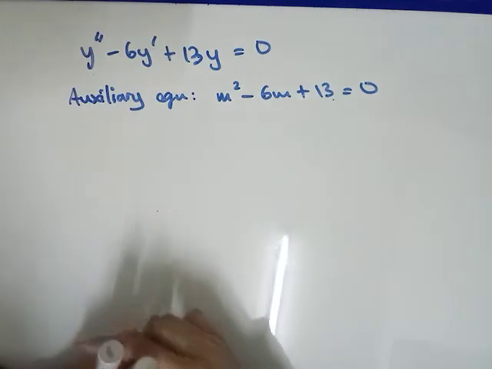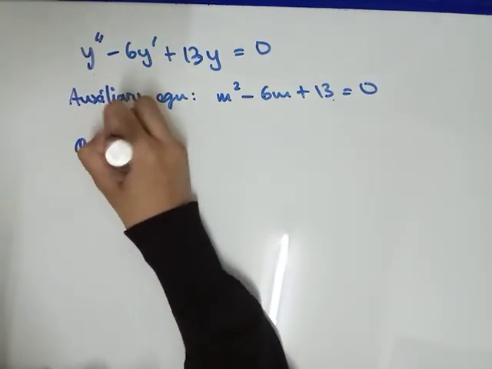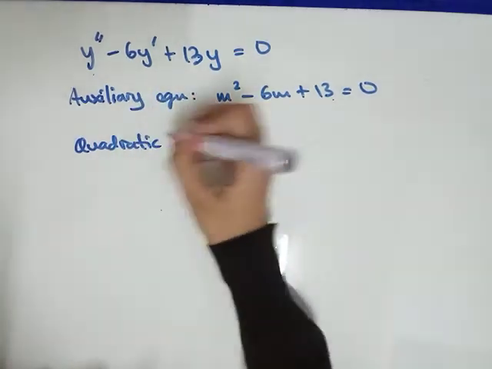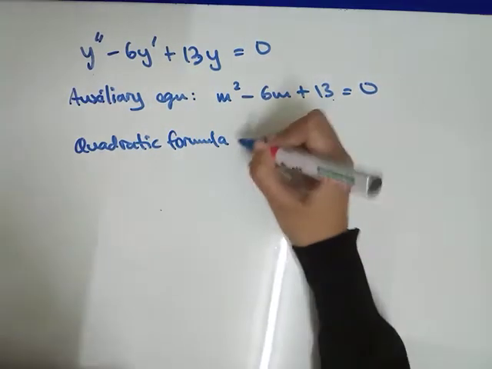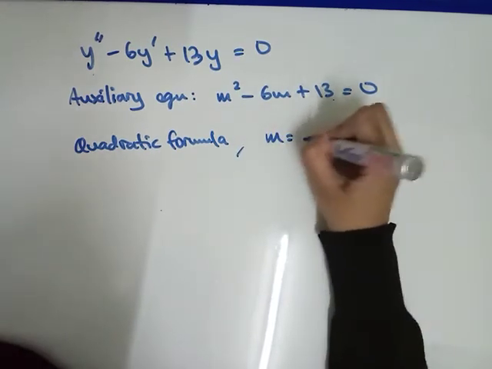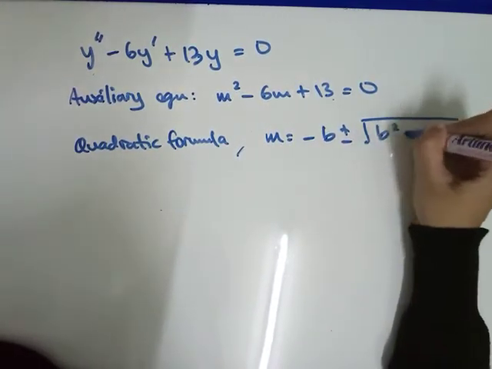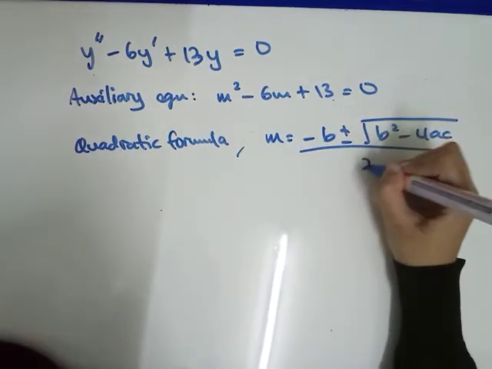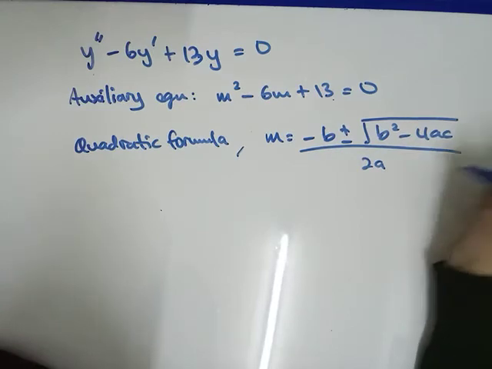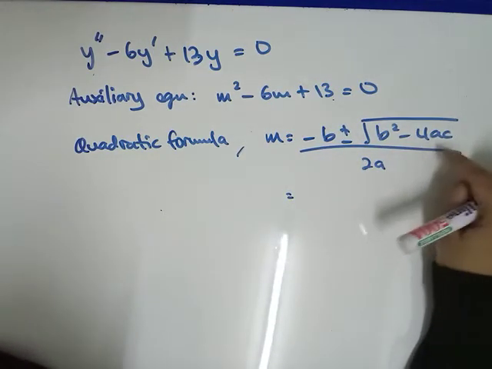So, use your quadratic formula. m is equal to negative b plus minus square root b square minus 4ac divided by 2a. Okay. And then what? What is a? What is b? What is c?